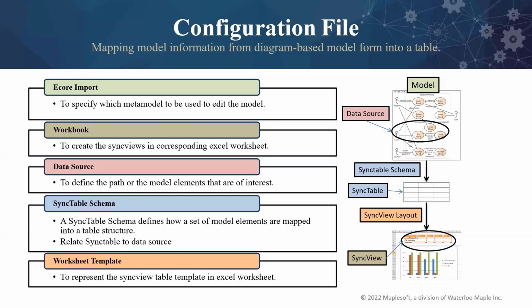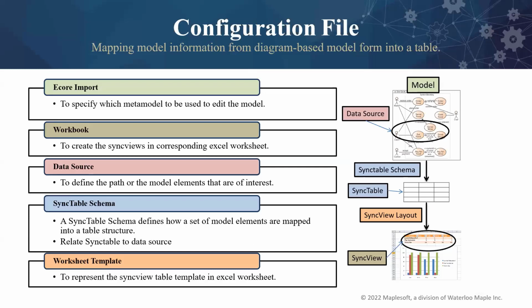A data source is nothing but a navigation to the part of the model that we want to work with. So if I want to work with logical functions, I will navigate to the logical architecture. Within the logical architecture, I will navigate to where my logical functions are. And then we will use the schema to mention what information from the logical function we require.